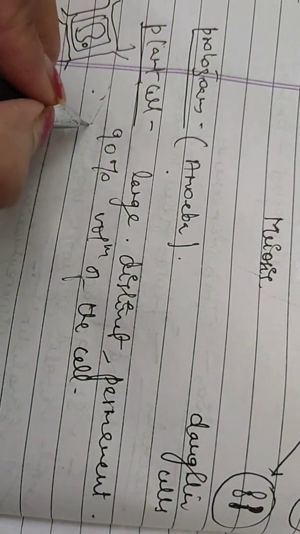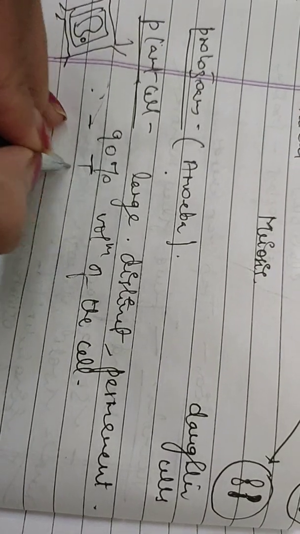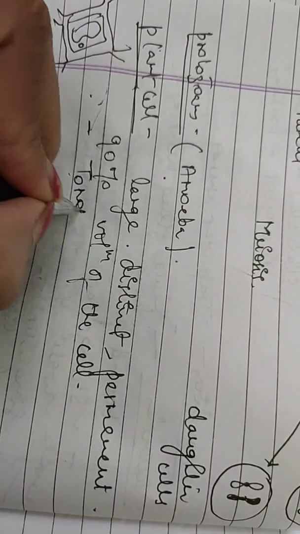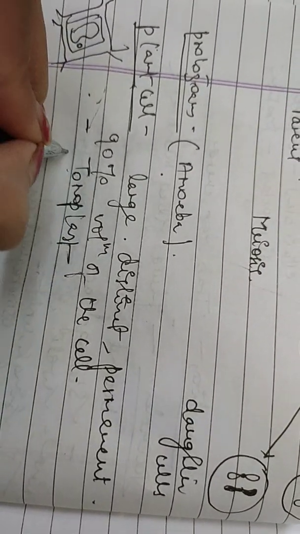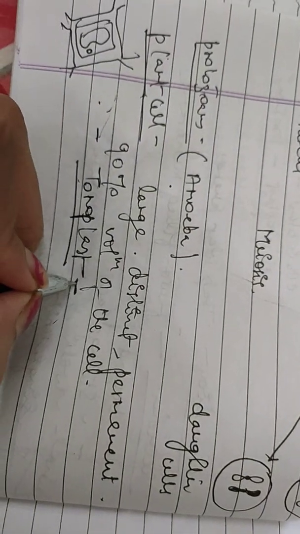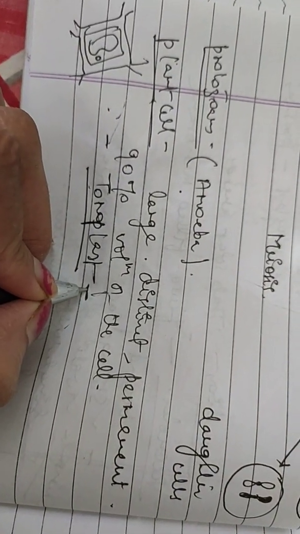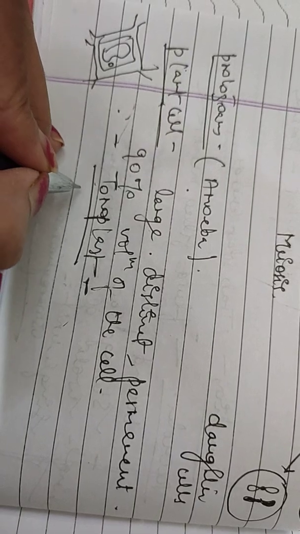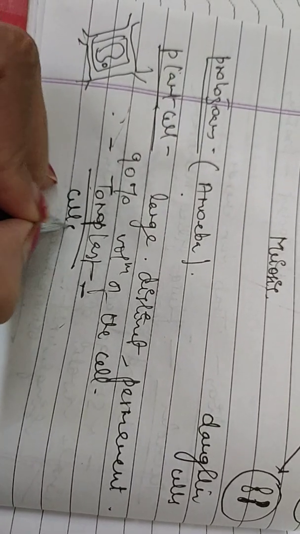The vacuole is bounded by a membrane known as the tonoplast. This is the membrane of the vacuole and it is filled with cell sap.